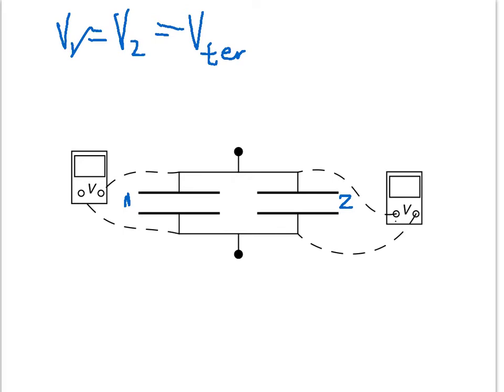When I say terminal voltage, I mean we're going to imagine that we've got this combination of capacitors inside of a box, right? And that we don't know anything about what's in the box.